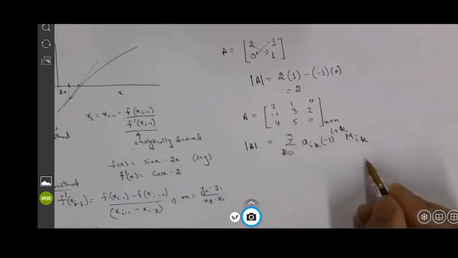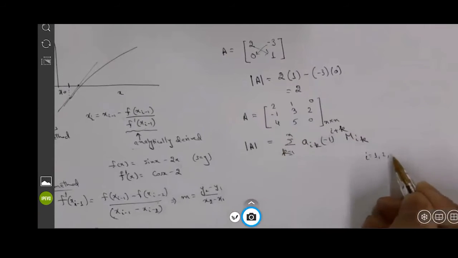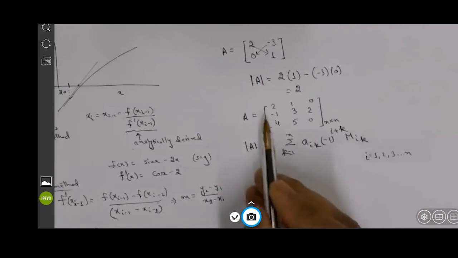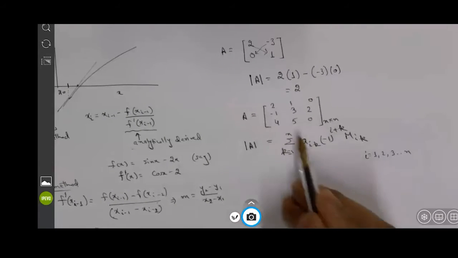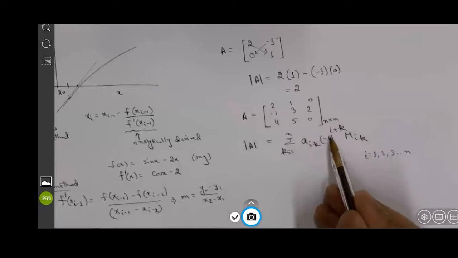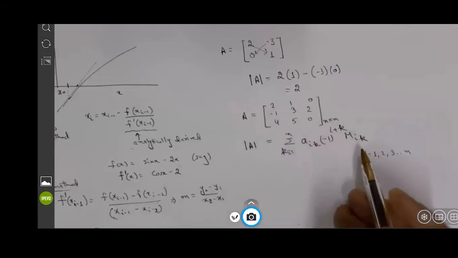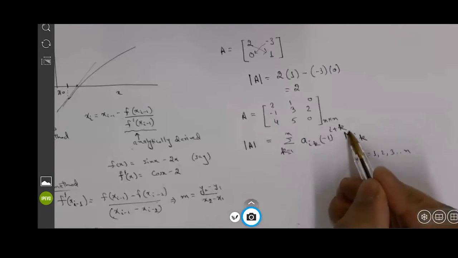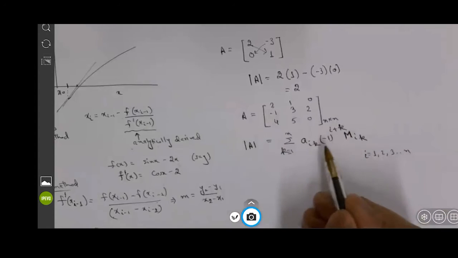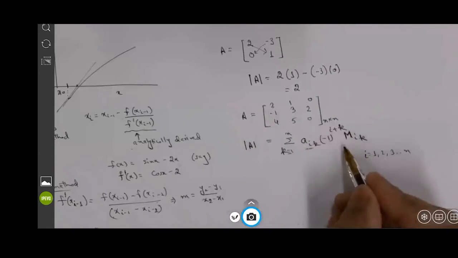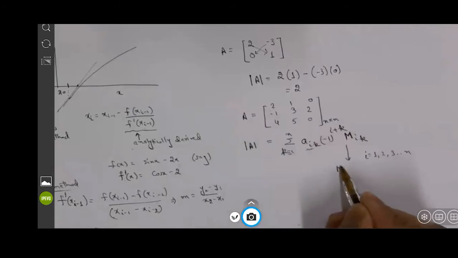I can be any row here, 1, 2, 3. If I take i as 1, so A11, it will be this number times minus 1 raised to power i plus k and M_ik. M_ik is the minor corresponding to this element. So this is called the minor.